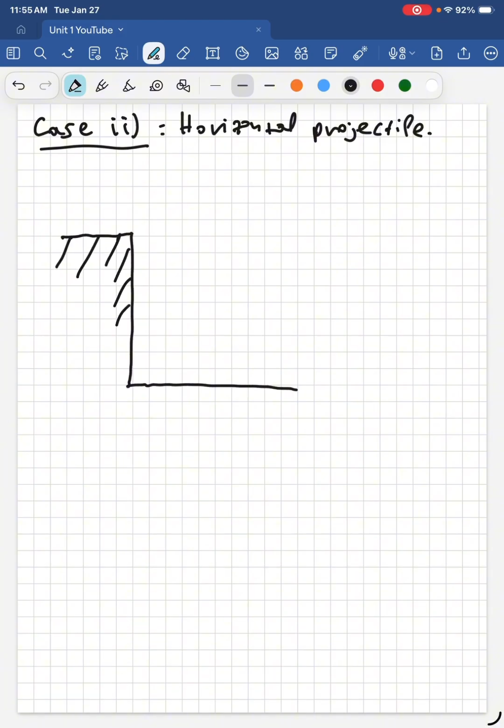So this is some cliff, and we fire a projectile horizontally with some initial velocity u, and therefore it's going to undergo a motion that will look like this, and it's going to fall to the ground.